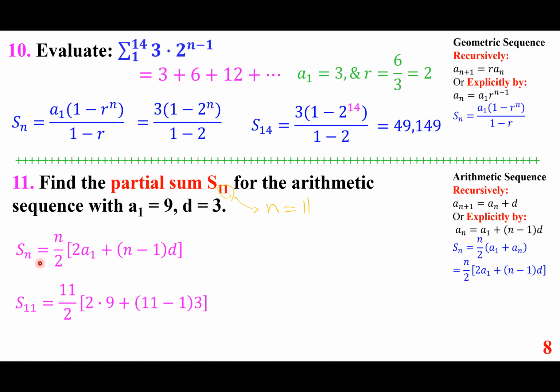We replace them, and 11 minus 1 is 10, times 3 is 30, 2 times 9 is 18. They add up to 48. Divided by 2 is 24, times 11 is 264.